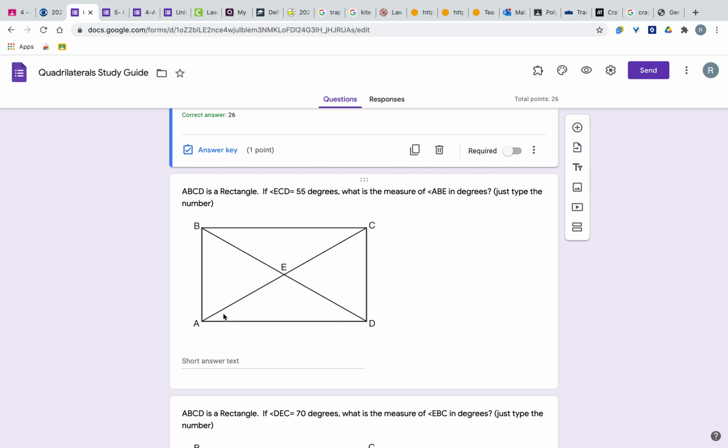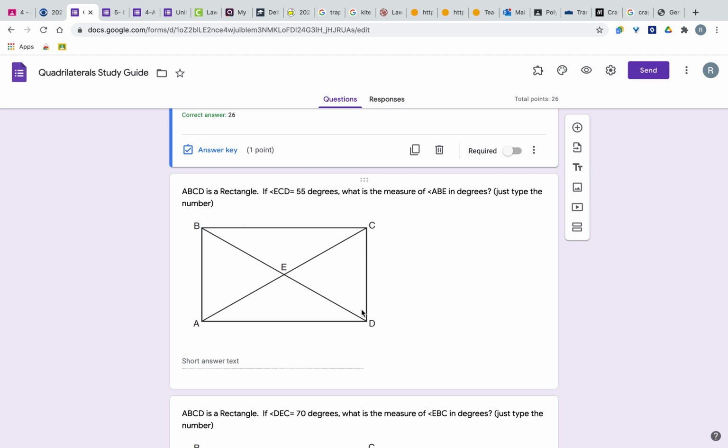Just like I told you in the video before, with rectangles, when we use our diagonals, you're basically chopping it up into 4 isosceles triangles. This triangle being congruent to that triangle, and this triangle being congruent to this triangle. And I go into more detail on that in our video with rectangles. But for just answering this question, ECD, this angle is going to be congruent to ABE, which is that angle.